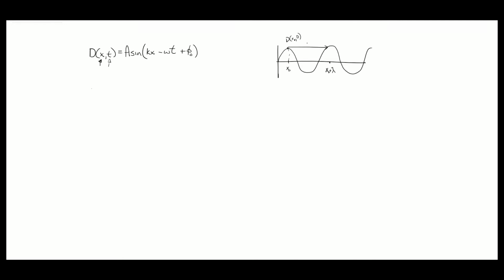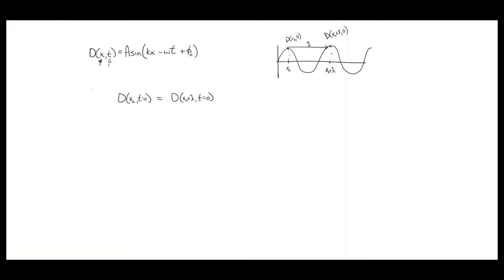If I move one wavelength to the right here, I'm at the exact same displacement, d of x naught plus lambda at t equals 0. So I can say, okay, my displacement at x naught at t equals 0 must be equal to my displacement at x naught plus lambda at t equals 0.